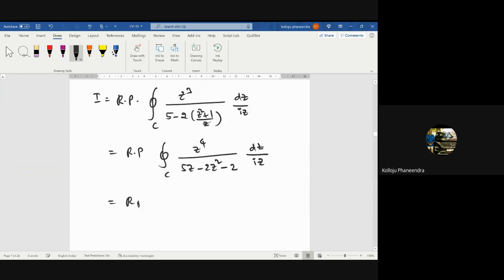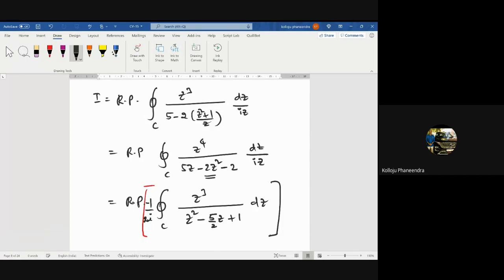Right. This is the real part of the integral over C. z cube, 1 by i outside. I will take C, all of you. This is very important. 1 by i, the real part is completely outside. Minus 2 also take common: minus 1 by 2i. Always make the z square coefficient 1. z square minus 2 is common, means minus 5 by 2 z plus 1, dz.